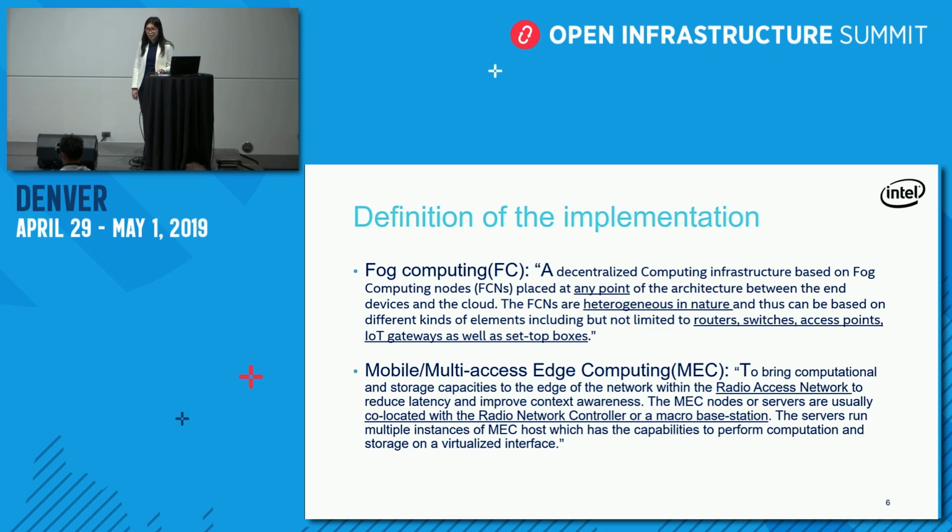Fog computing is a decentralized computing infrastructure based on fog computing nodes that can be placed at any point of the architecture between the end device and the cloud.